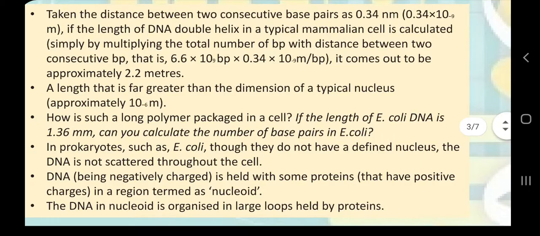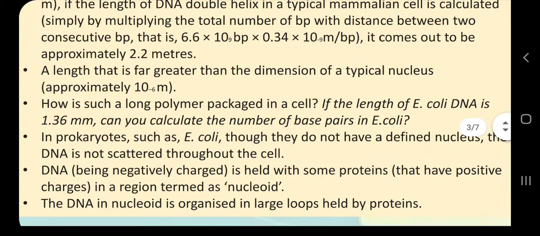And now one more thing, DNA is negatively charged. DNA is negatively charged because, from our videos and discussions, if you have seen the structure of nucleotides, the phosphate group has a negative charge.